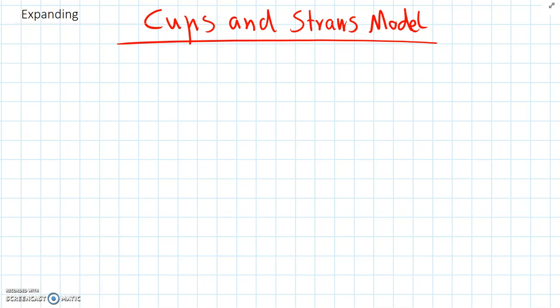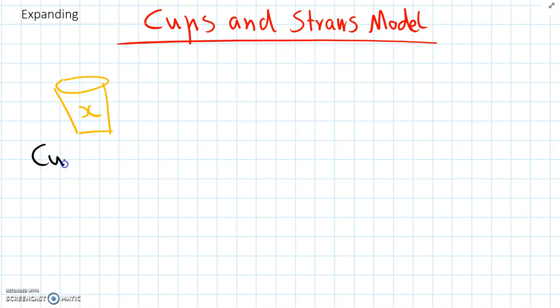So you can kind of guess that in the cups and the straws model, firstly we have cups, and cups represent variables. So this cup here is representing x because a variable can be any number.